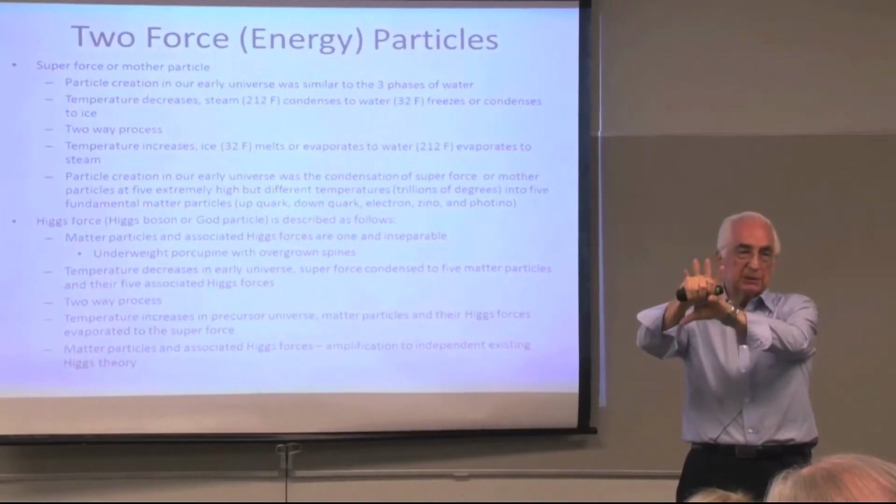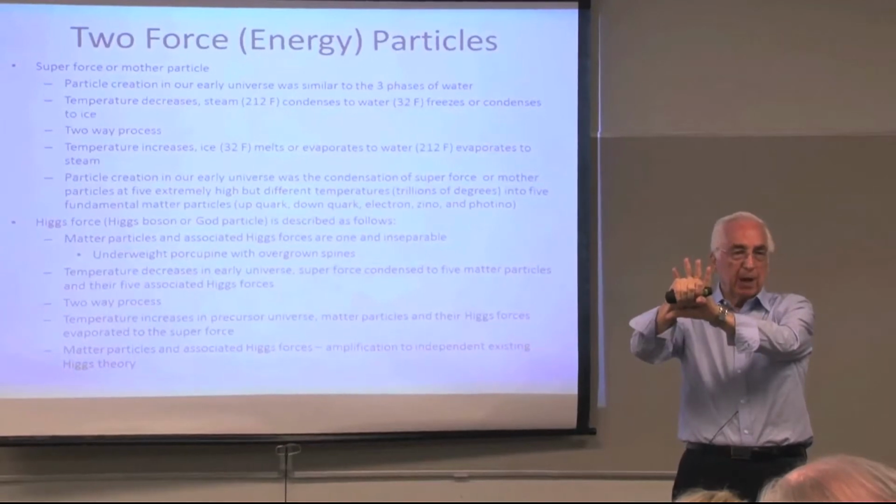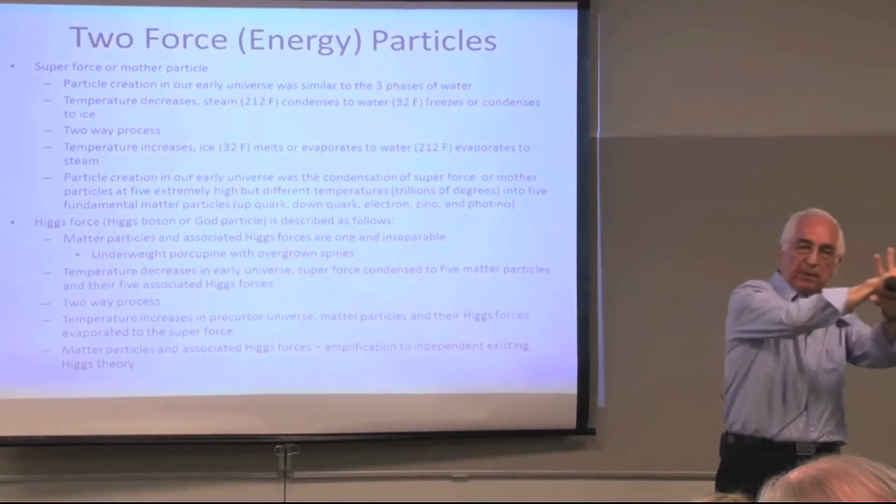The underweight porcupine represents, for example, an up quark matter particle in a Planck cube, and the overgrown spines are the 3-dimensional Higgs force that is permanently attached to that matter particle. No matter where the matter particle goes, the Higgs force goes with it. You cannot have the matter particle without the Higgs force, or the Higgs force without the matter particle.